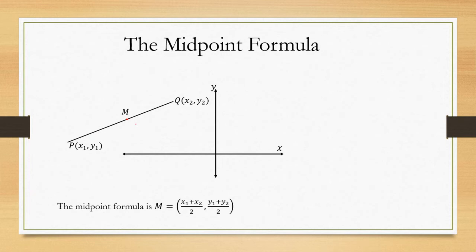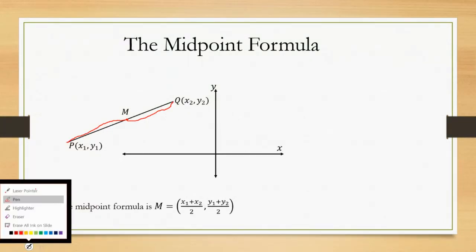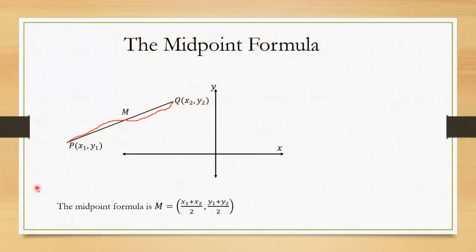Then M is on the line segment, and the distance from P to M equals the distance from M to Q. So these 2 distances are the same. You might be thinking, how do we find such a point? Here's the formula.